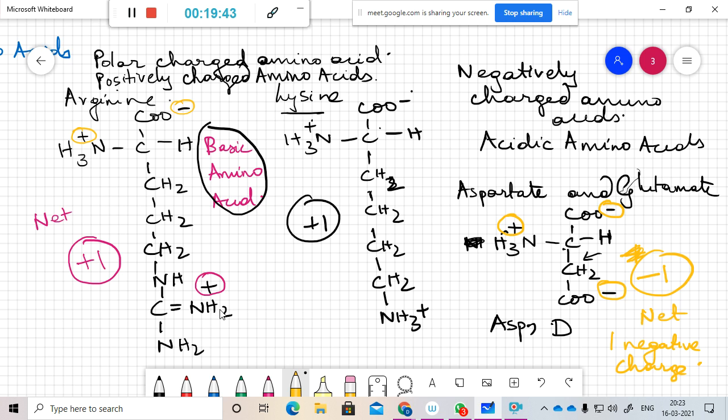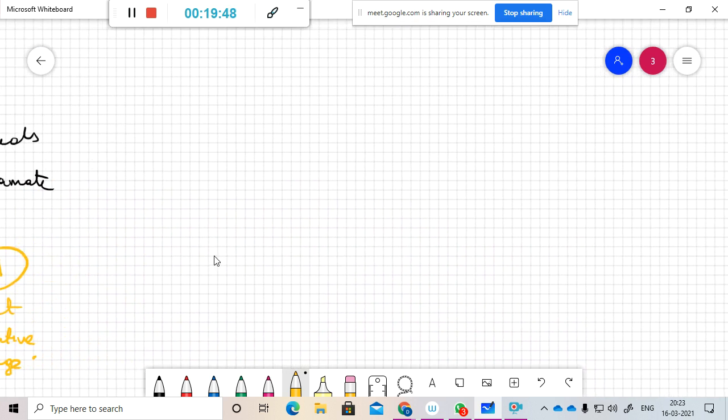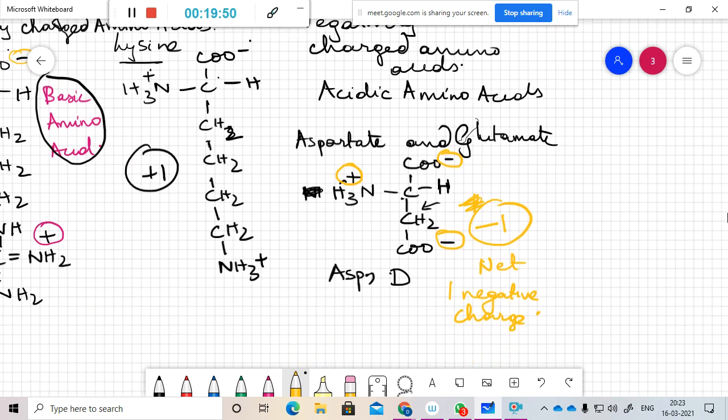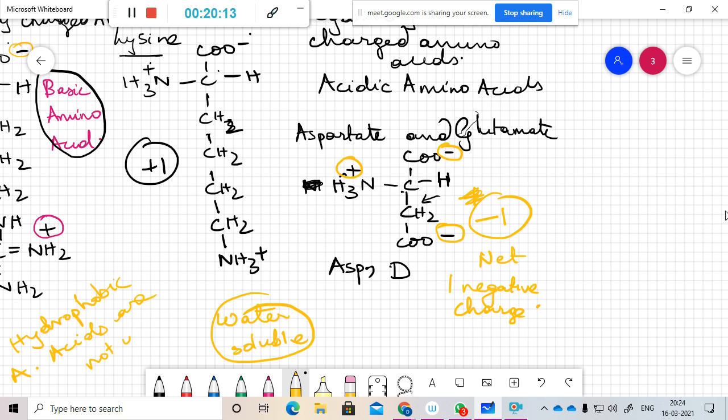Charge is present, therefore polar. That is, these are water soluble. And the hydrophobic amino acids are not water soluble.